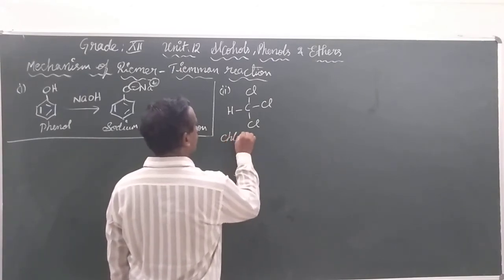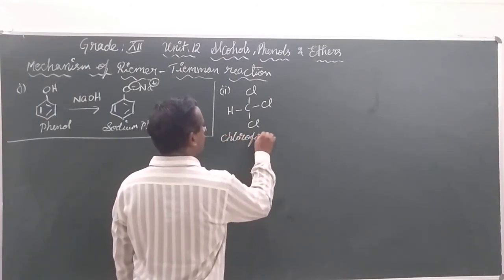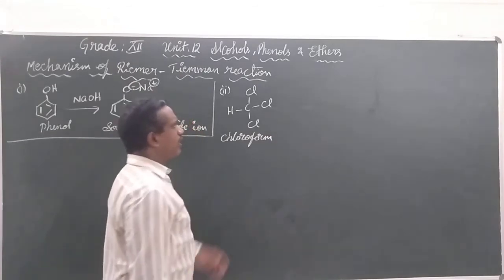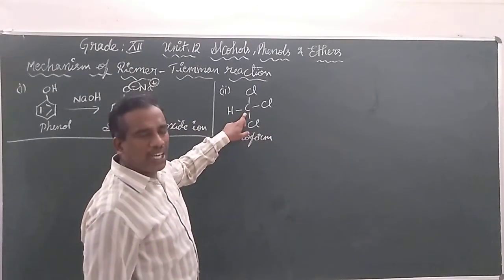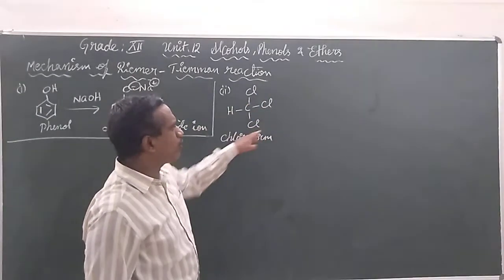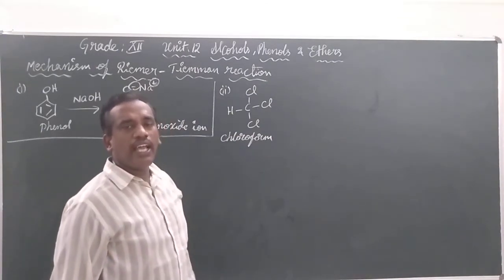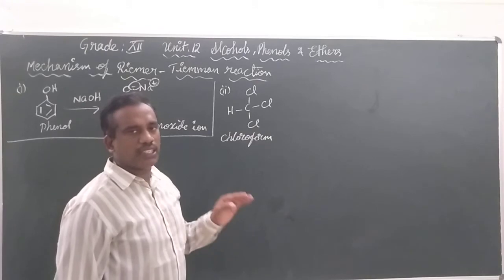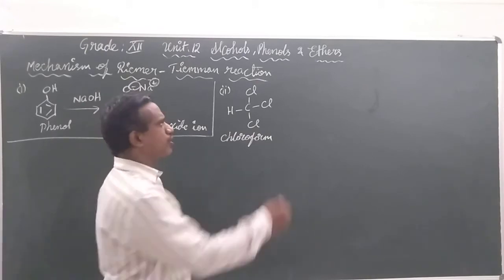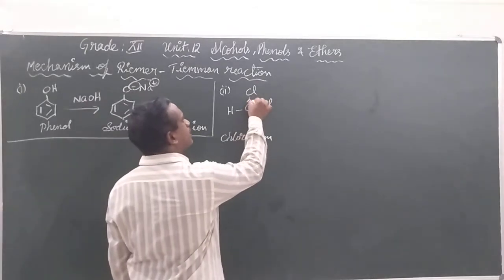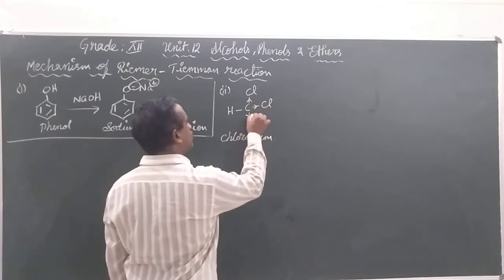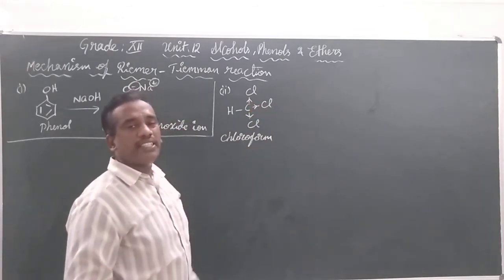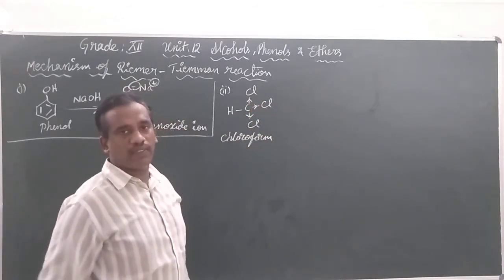Chloroform. Now let us observe that the carbon is bonded to 3 electron withdrawing atoms, that is chlorine atoms. These chlorine atoms are withdrawing the electrons towards them by the minus I effect.